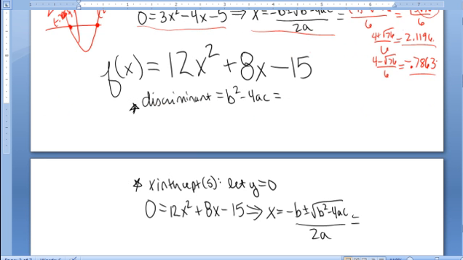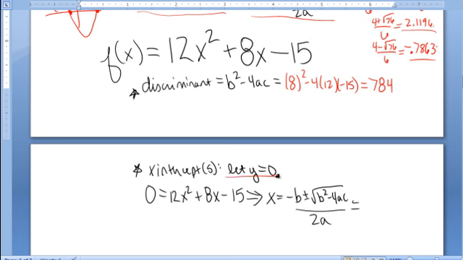Now f of x equals 12x squared plus 8x minus 15. We find the discriminant, b squared minus 4ac, is 8 squared minus 4 times 12 times negative 15, and if you pull out the calculator, you'll find that that equals 784. If we want to find the x-intercepts of this function, we let y be 0.